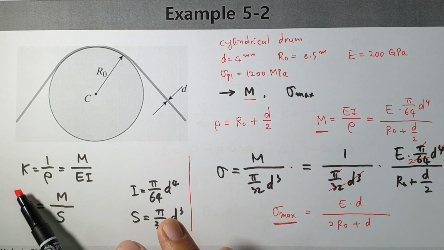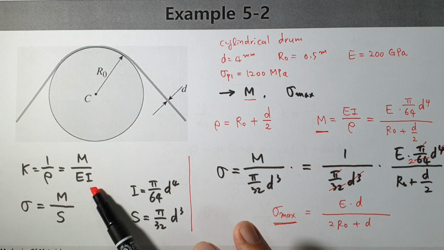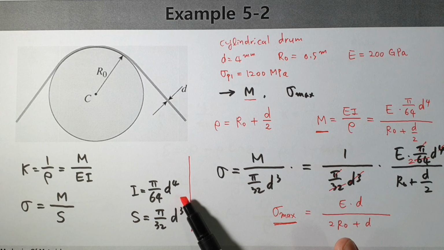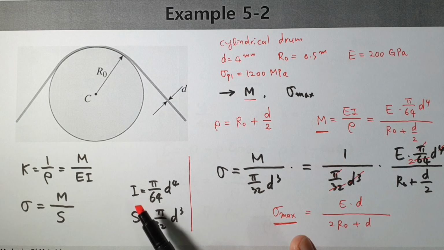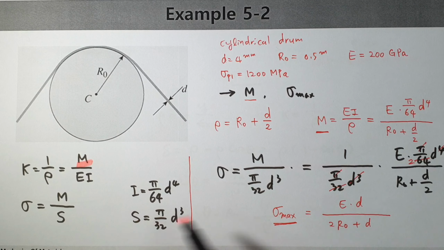We can apply this formula. Kappa, curvature, can be calculated by this formula, and the sigma also can be calculated like this, and the moment of inertia and the section modulus can be calculated like this. And in order to find the M value first, we can apply this formula.